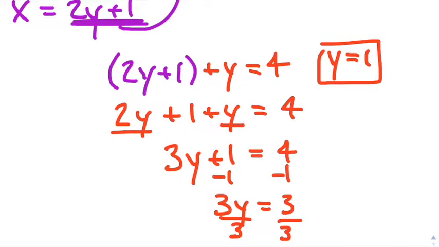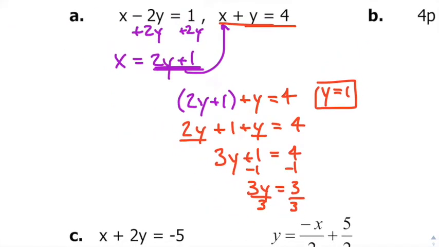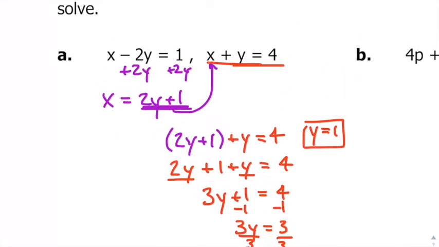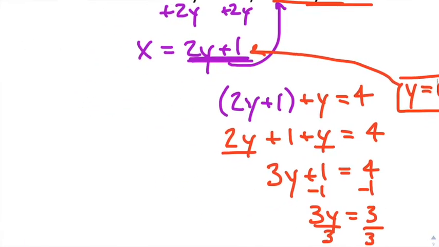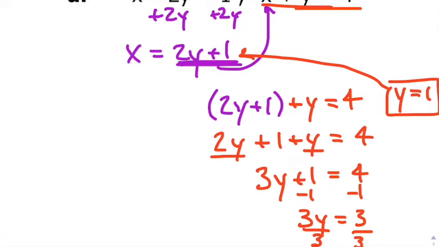We now are going to take that and plug it back into one of the equations that we started out with. You can do the second one, you can do the first one, or you can even do this modified one, which is what I'm going to do here, because y is on the right-hand side and x is already by itself.